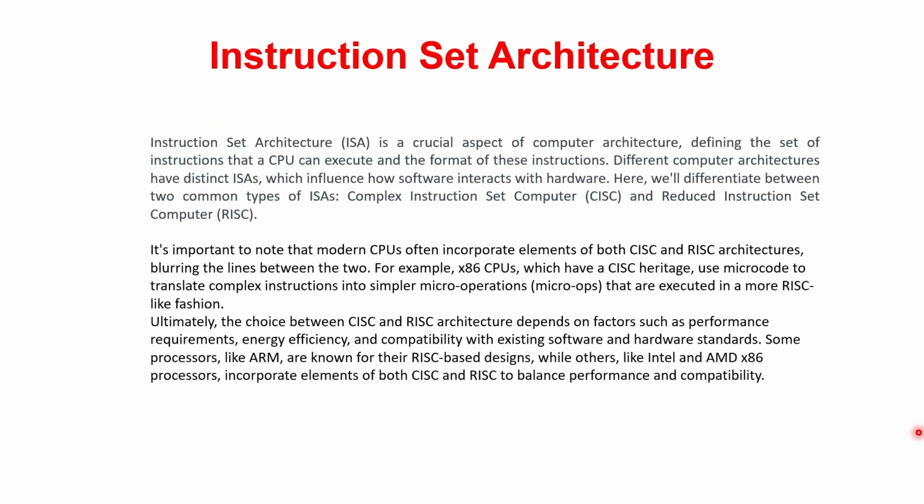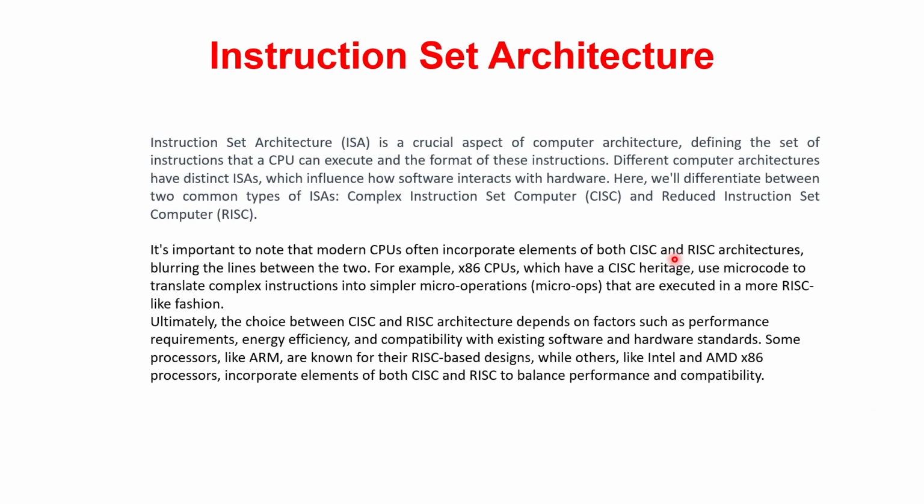Okay, so this slide explains the two main types of instruction set architectures. The instruction set architecture, or ISA, defines the set of instructions a CPU can execute and how these instructions are formatted. Different computer architectures have different ISAs, which influence how software interacts with the hardware.